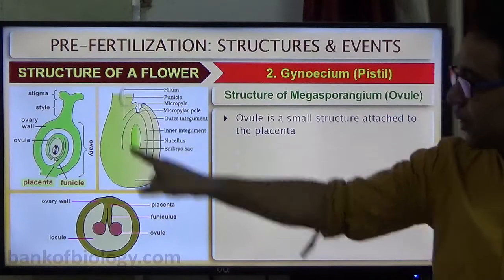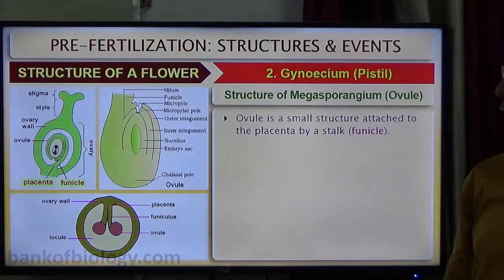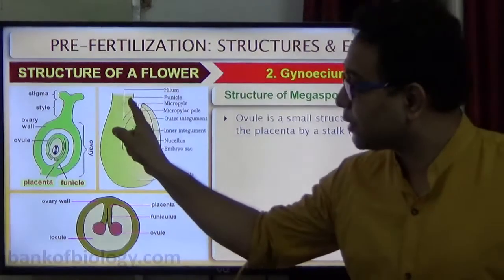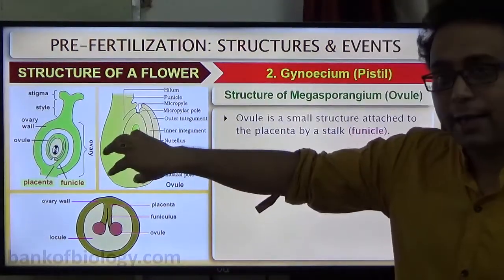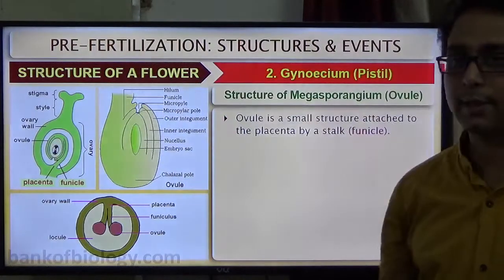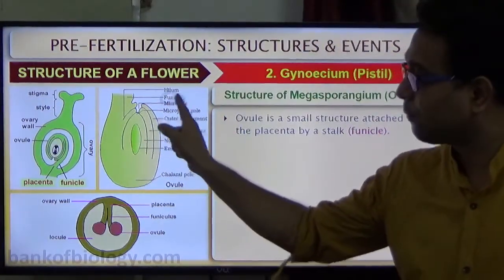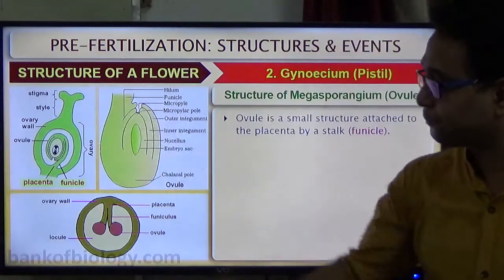by a structure. This structural part is called the funicle. This one is the funicle, by which the ovule is attached with the placenta.